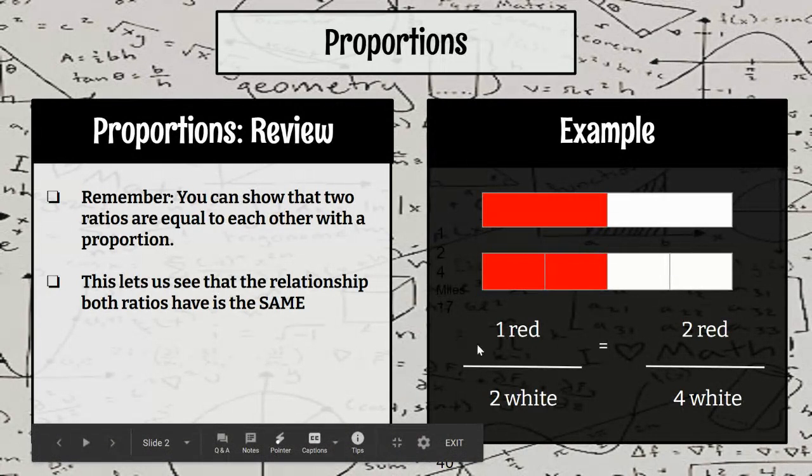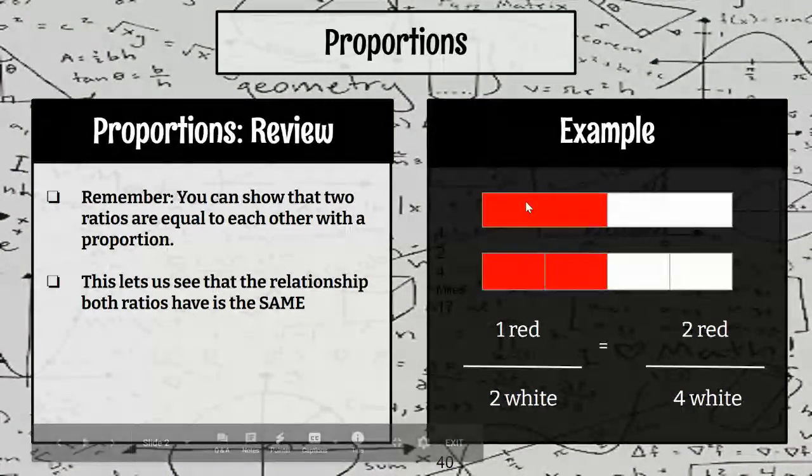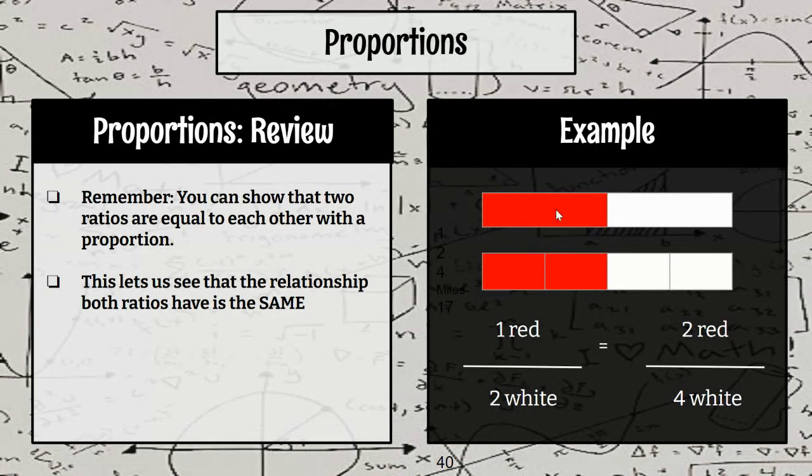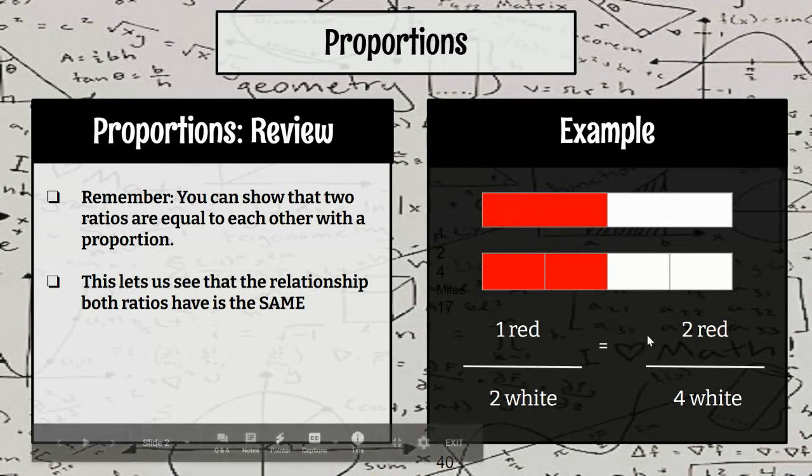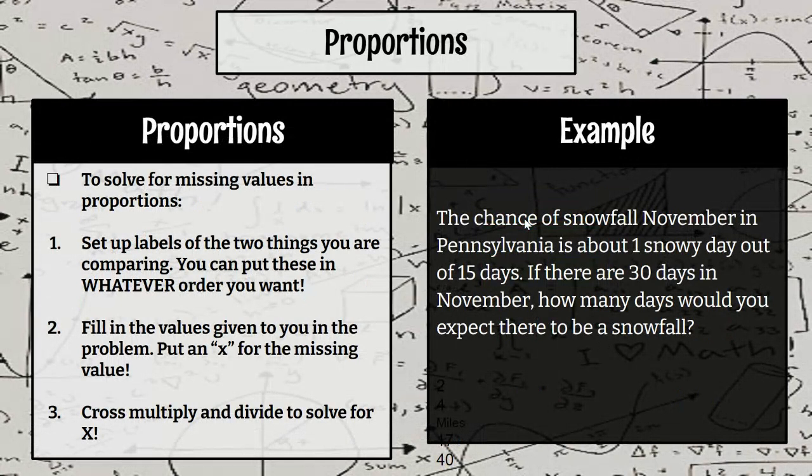If I look at the amount of space that is taken up, it is the same for this first ratio and this second ratio, meaning that I can make those equal to each other because they are equivalent in what they are comparing. So that's a proportion.